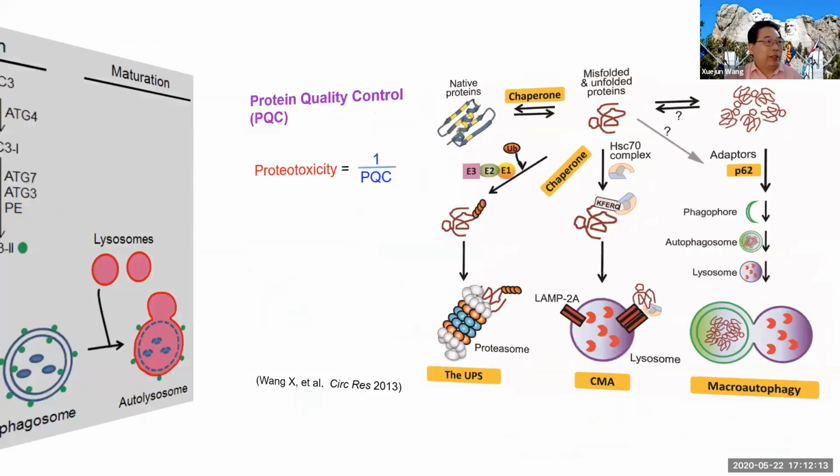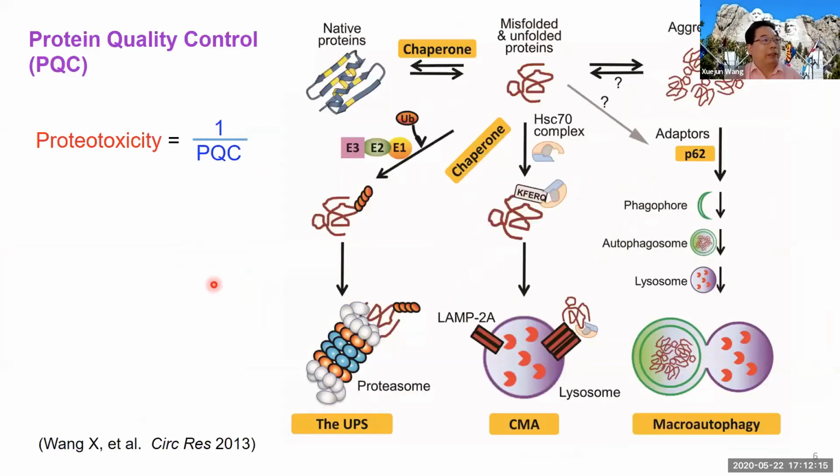In terms of protein quality control, apparently the targeted degradation of misfolded protein is primarily performed by the UPS. But more recently, chaperone-mediated autophagy, CMA, may also be able to selectively degrade some misfolded proteins if the protein has a KFERQ motif.